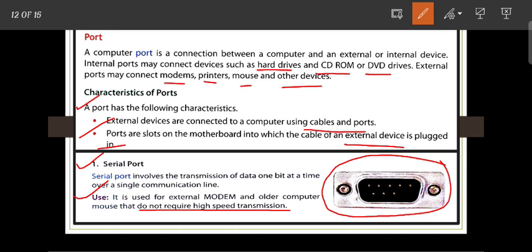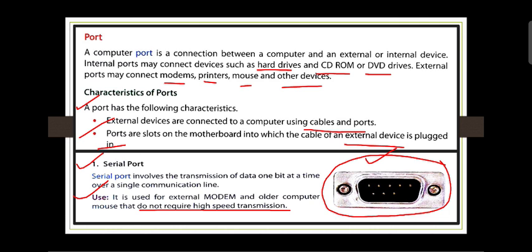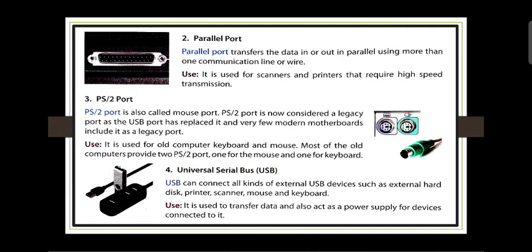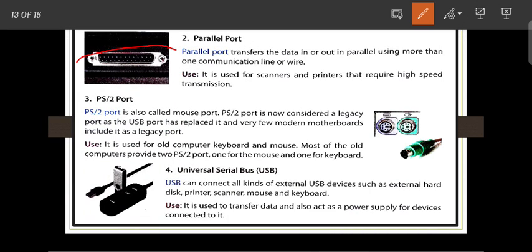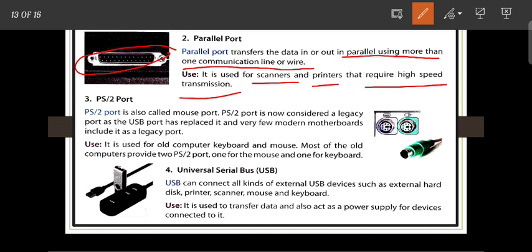Next is the parallel port. This is the parallel port. A parallel port transfers data in or out in parallel using more than one communication line or wire. It is used for scanners and printers that require high speed transmission. This is a high speed transmission port called the parallel port.